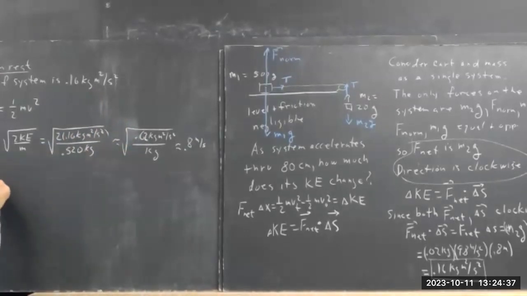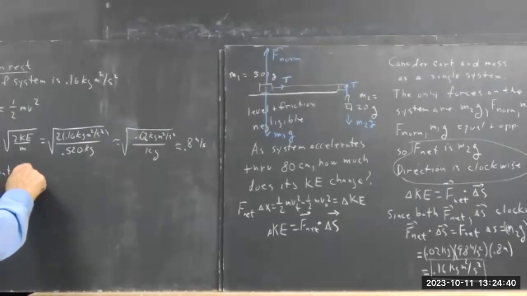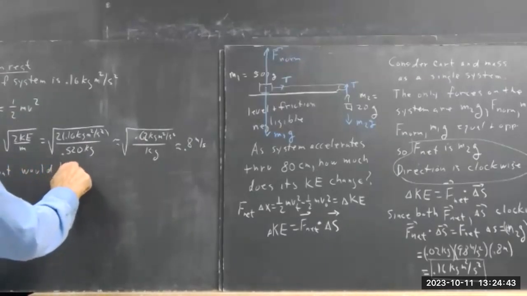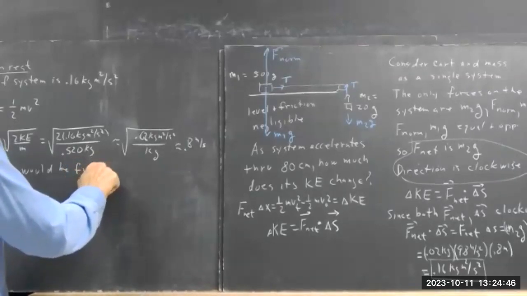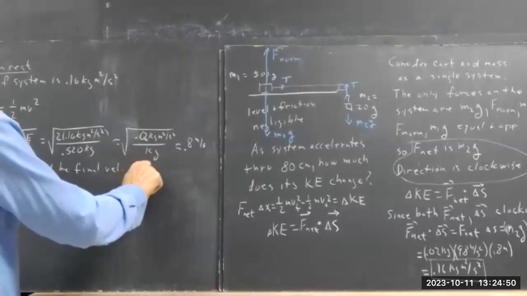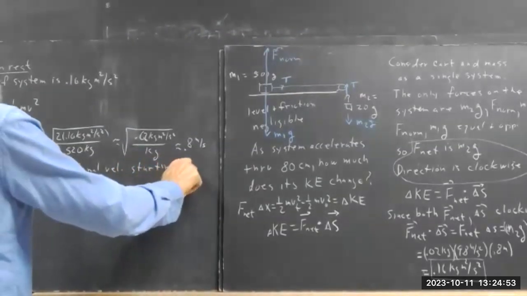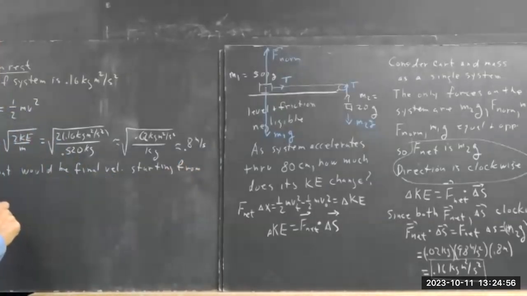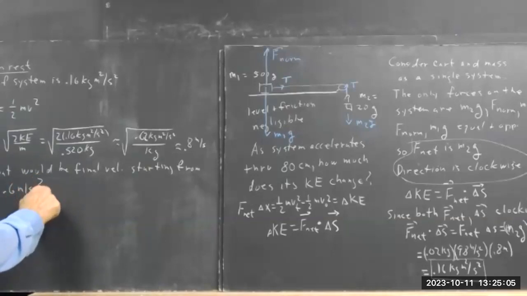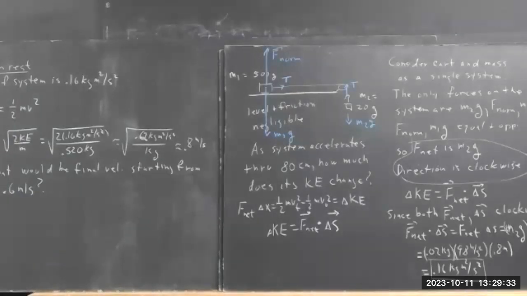Now, assuming I've done all that right, because I have some approximations in there, that's fine. Okay, now what would be the final velocity starting off from 0.6 meters per second?